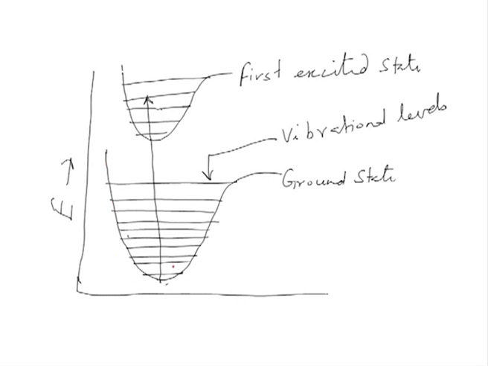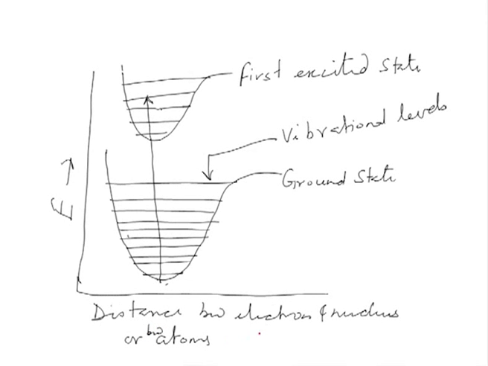So, these are electronic shells and these are vibrational; further division divides them into vibrational levels, and further vibrational levels could be divided into rotational levels, which are not shown here. And this distance is the distance between electrons and nucleus, or we can say between atoms of a molecule.